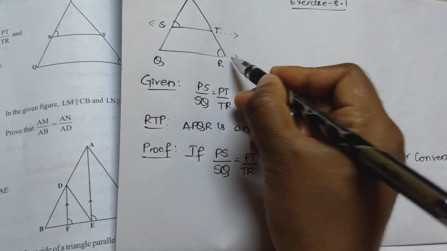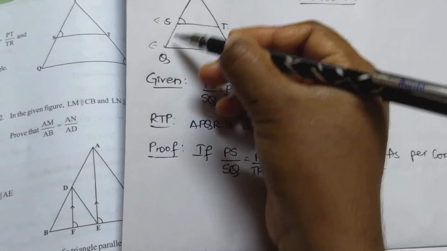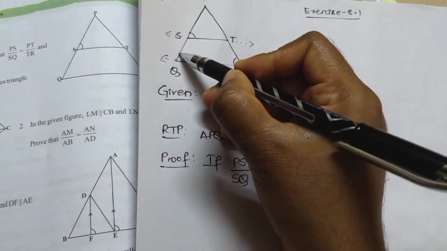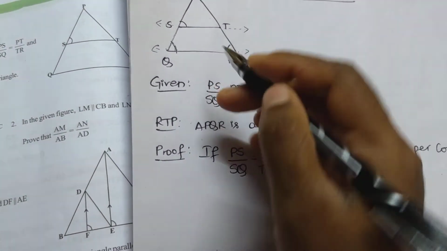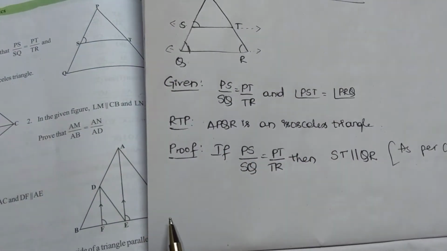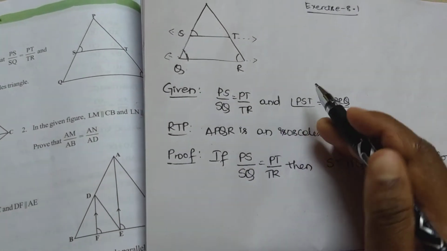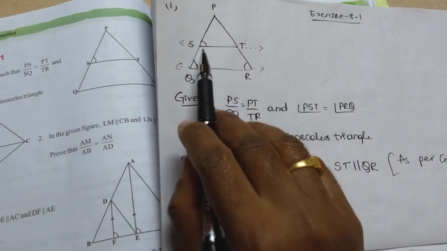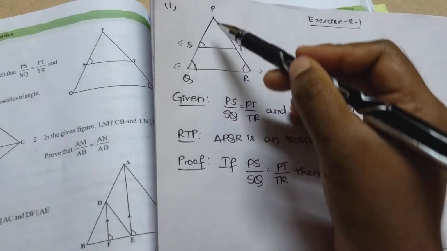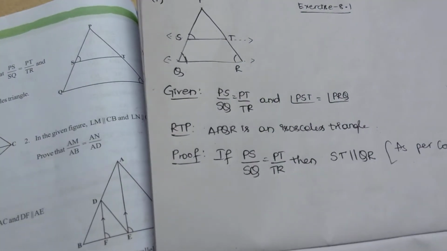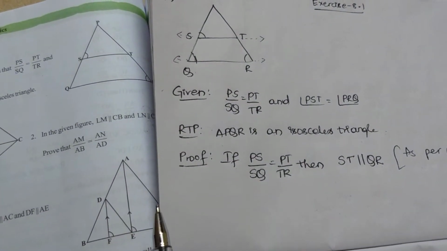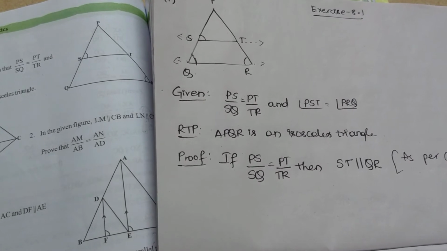When you consider these two as parallel lines and PQ as a transversal, then angle S and angle Q are equal because angle S and angle Q are corresponding angles. So I'll repeat again. Let us write the same thing in a notebook.